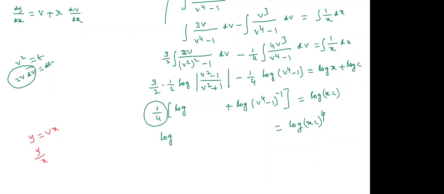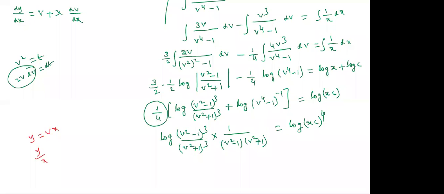Now send to cube power v square minus 1 whole cube divided by v square plus 1 whole cube. Now this is v square minus 1 whole cube divided by v square plus 1 whole cube into, this is will come denominator, v square minus 1 into v square plus 1.